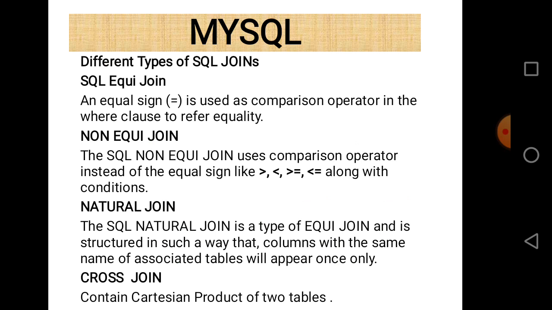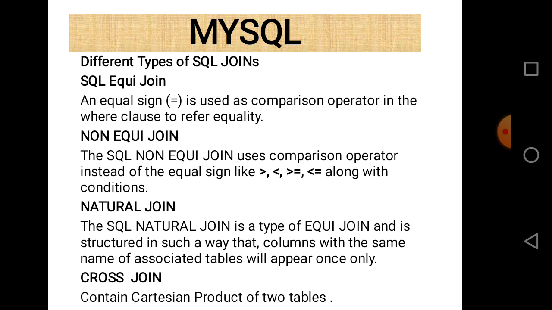There are other categories of joining. These are SQL equi joins, non equi joins, natural join, and cross joins. Basically, the question that will be asked in our examination is what is the difference between inner join and outer join. So these two are asked in combination, inner and outer. And when you discuss outer, then left, right, or full outer join will be discussed at that point of time.